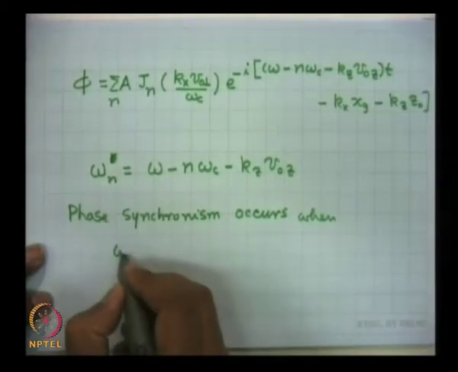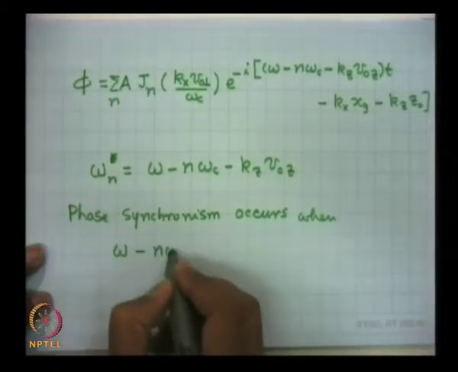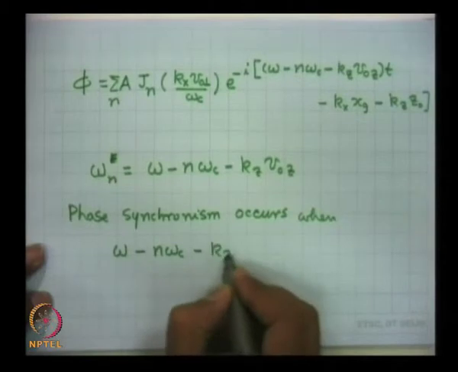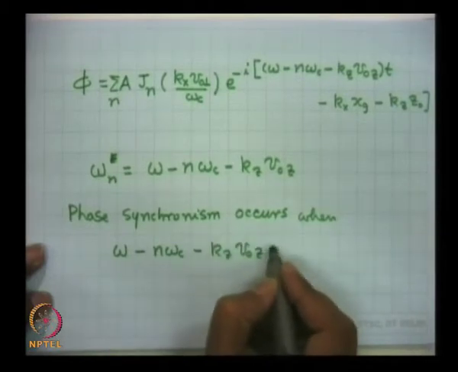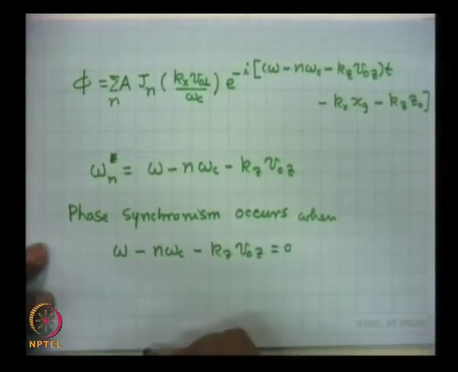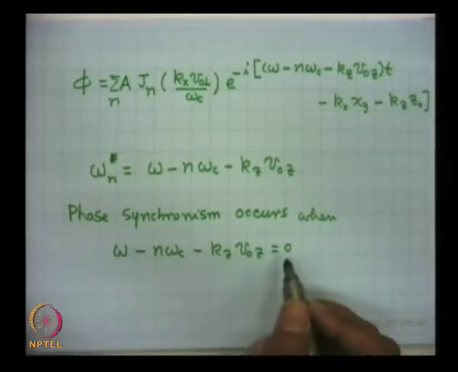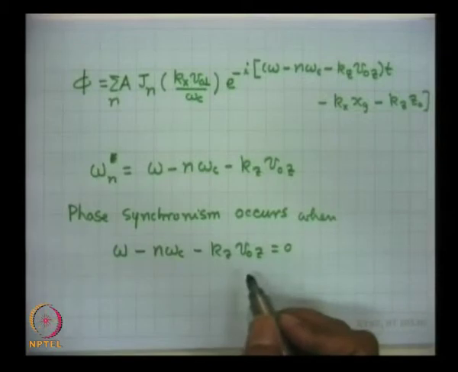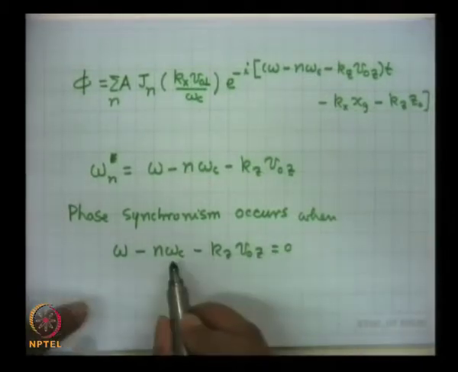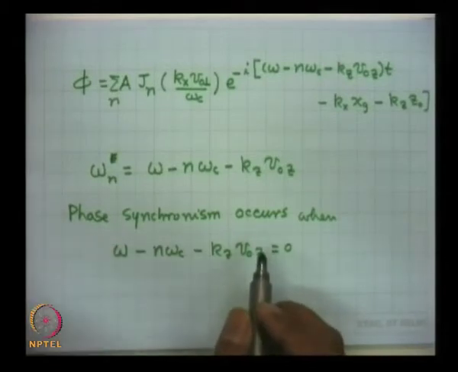So, omega minus n omega c minus kz v0 z is equal to 0. Obviously, for all n this cannot be satisfied simultaneously. For some particles moving with some velocity v0 z, this will be satisfied for some specific value of n.